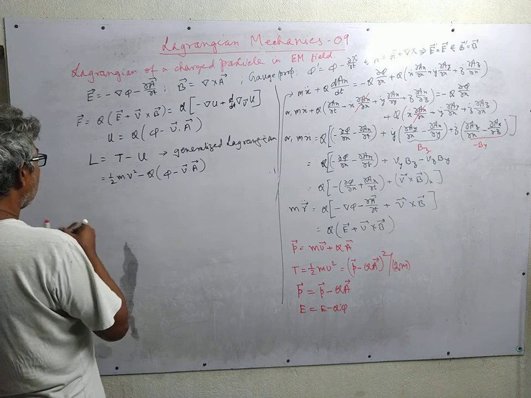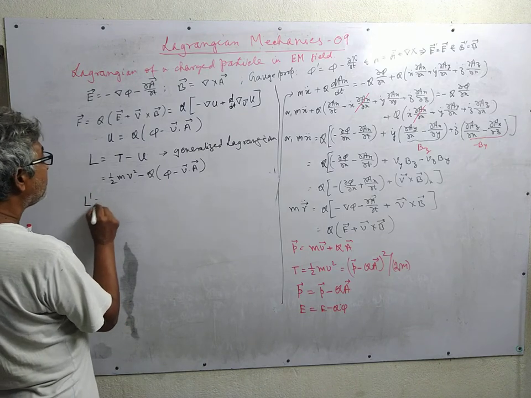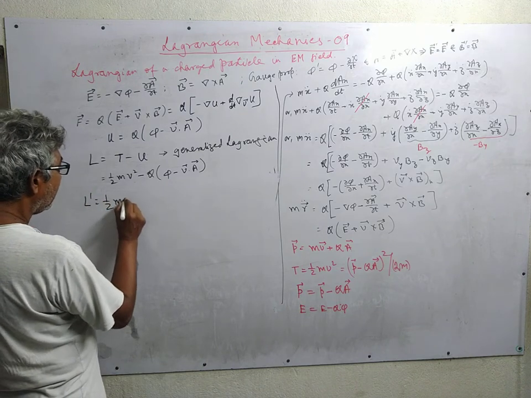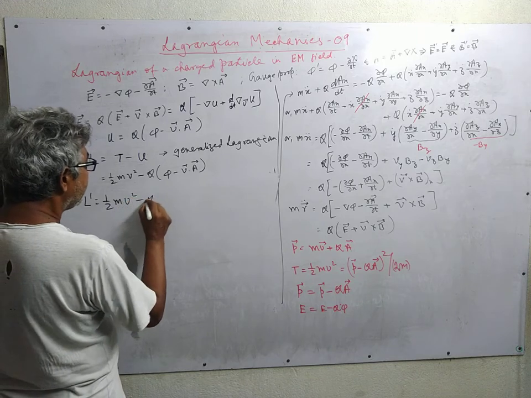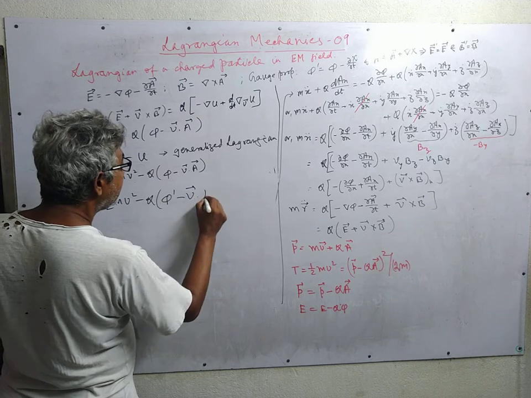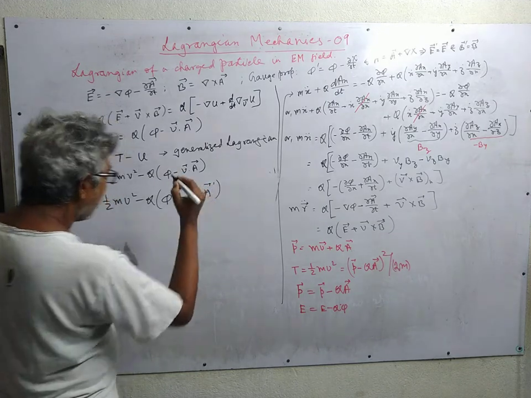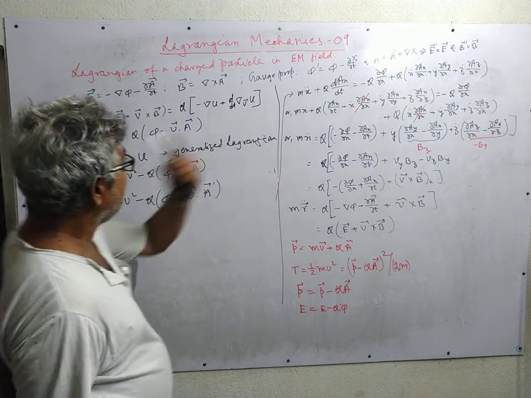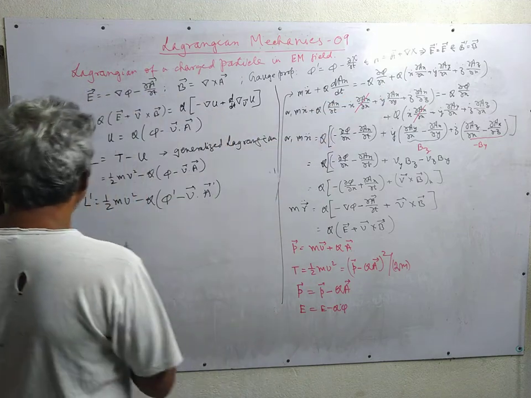L prime is equal to half mv squared minus q phi prime minus v dot A prime.